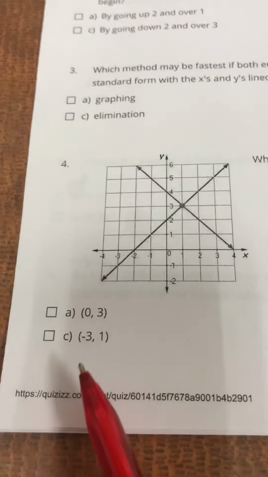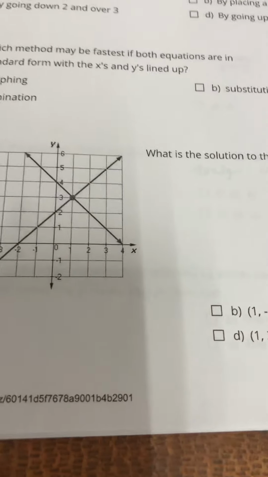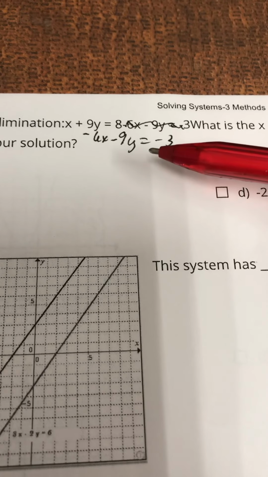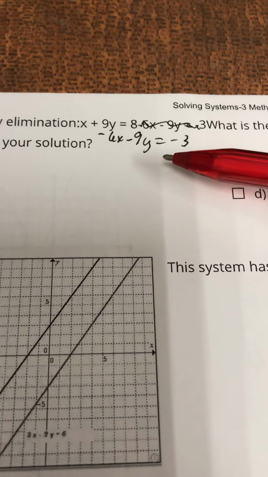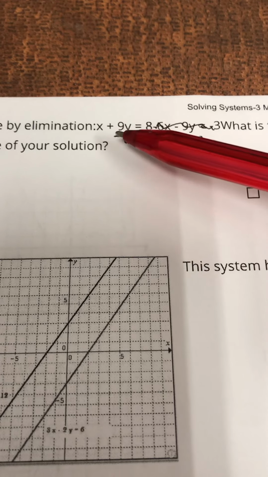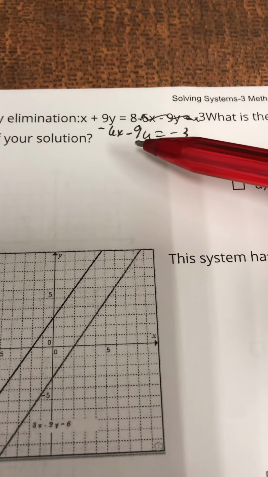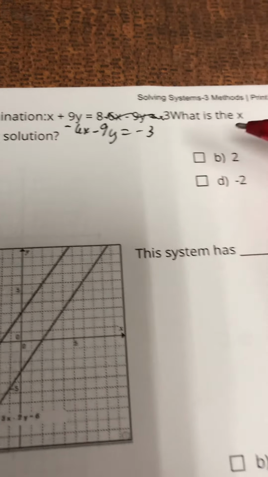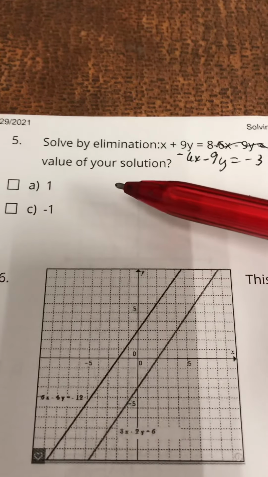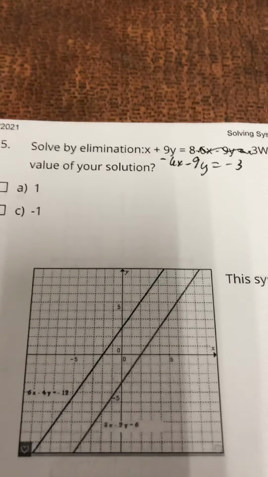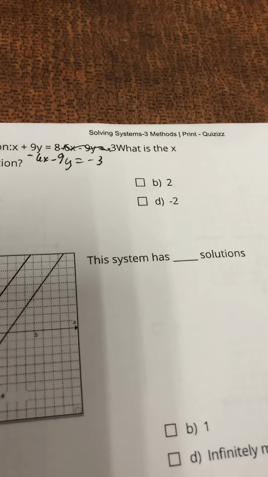And you have your choices A, B, C, and D. Number 5, solve by elimination, and it looks like there is a change. We have x plus 9y equals 8, and negative 6x minus 9y equals negative 3. What is the x value of your solution? You have your choices A, C, B, and D.